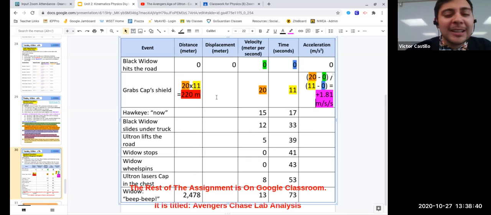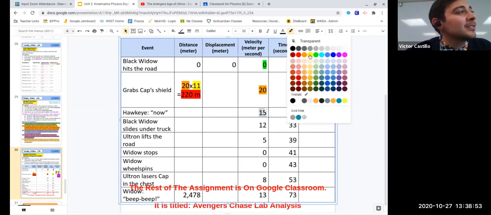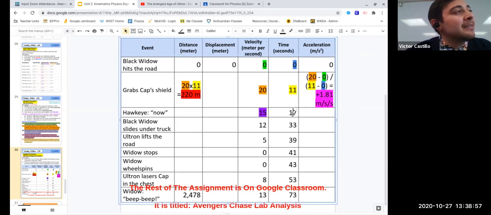Okay? Let's do one more. How about here? Let's do this right here. When Hawkeye says now, she was traveling 15 meters per second, and she did this at the 17-second mark.